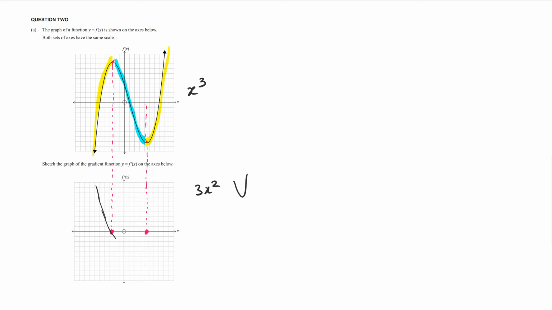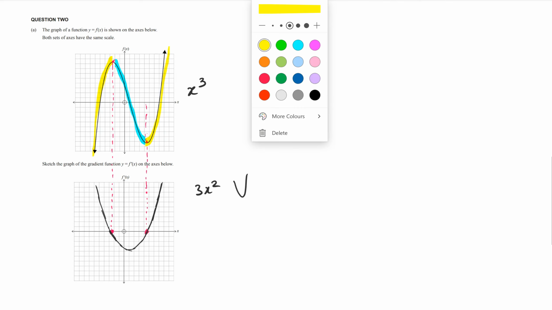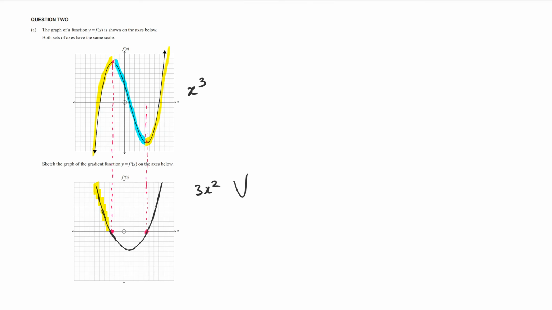Yeah, so far so good. I'm going to do something along these lines, and notice how the parabola is on the positive side before the first turning point and after the second turning point, and it's negative between the two turning points.